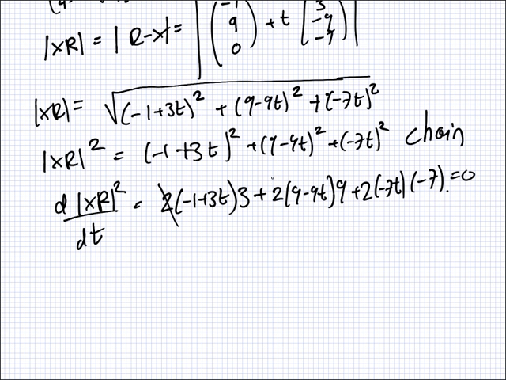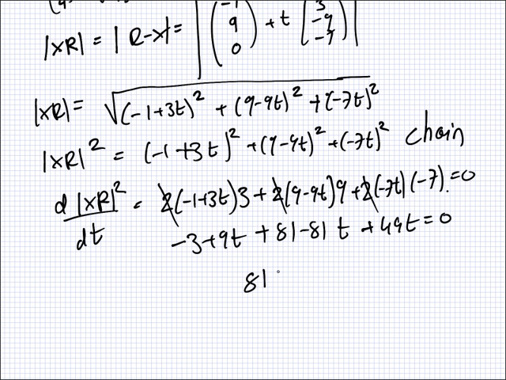So that is minus 3 plus 9t plus 81 minus 81t plus 49t equals 0. That will be 81t minus 49t minus 9t equals 81 minus 3.